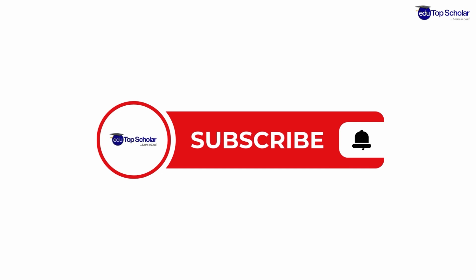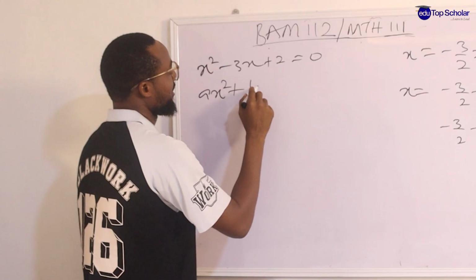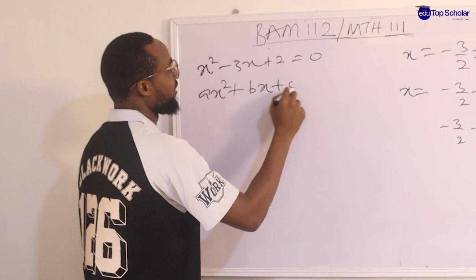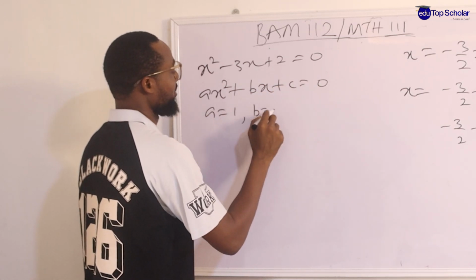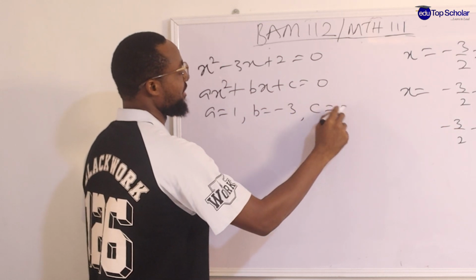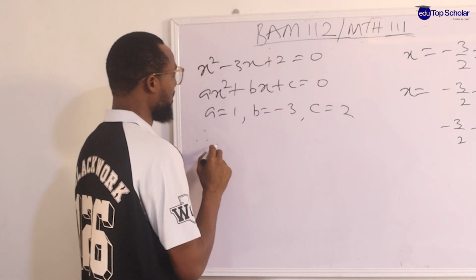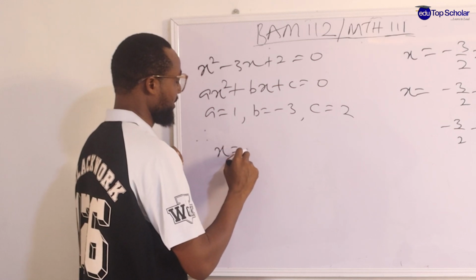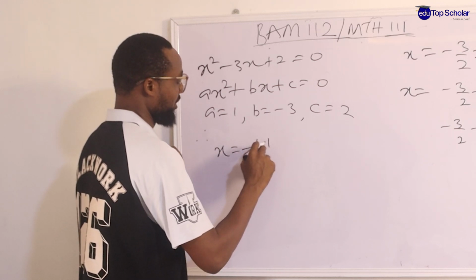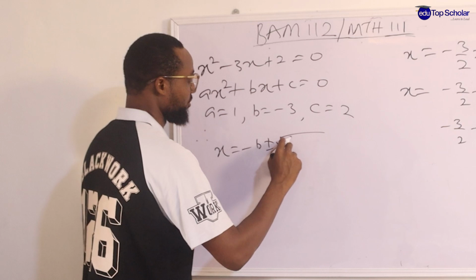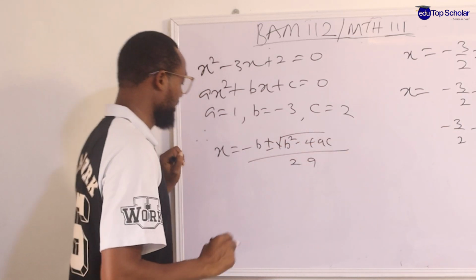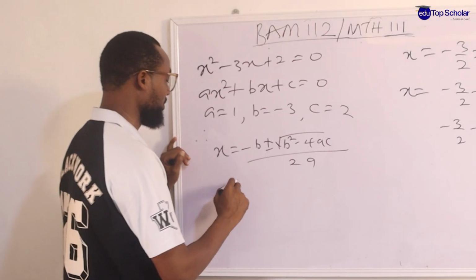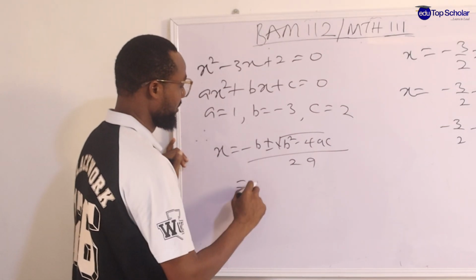By comparing this with our standard form of quadratic equation, which is this: a is 1, b is minus 3, and c is 2. Therefore, the formula, which is minus b plus or minus root b squared minus 4ac over 2a, by the time we substitute this, we have 3.